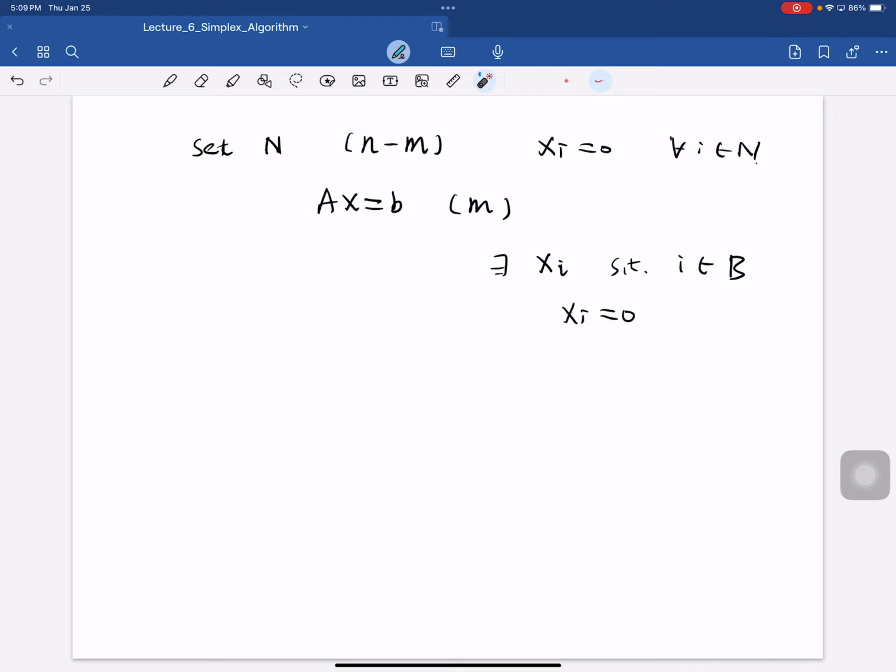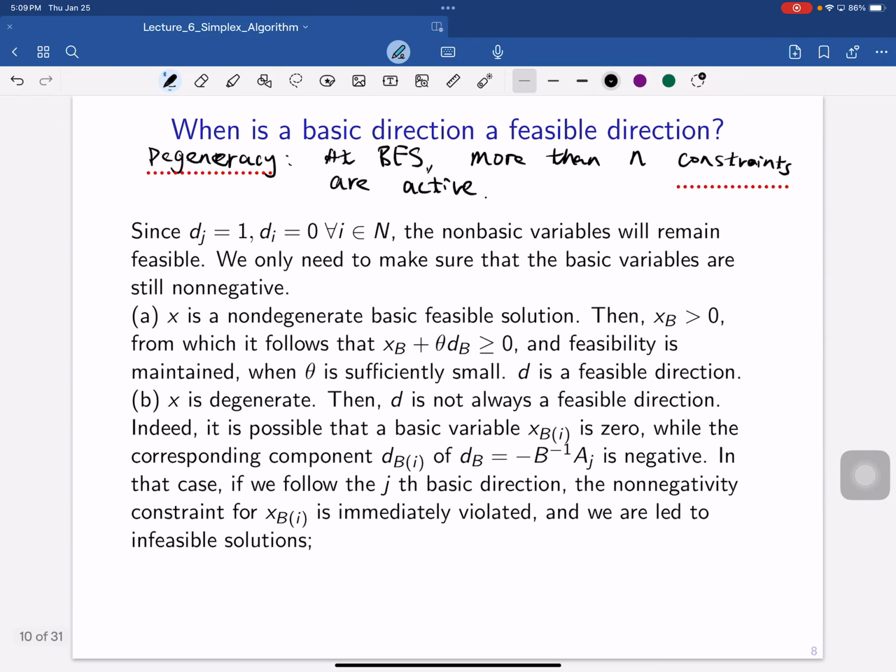So if the problem is non-degenerate, then xi has to be strictly greater than 0 for all the i in the basic index. That's why we say when it is non-degenerate, the xB has to be strictly greater than 0, okay?